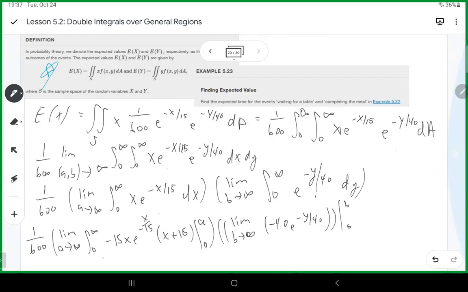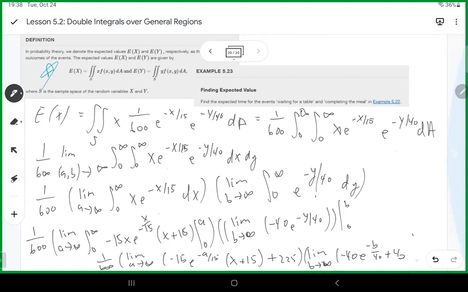Okay, so when you plug in, you get negative 15 e to the negative a over 15 x plus 15 plus 225, and the limit as b approaches infinity, negative 40 e to the negative b over 40 plus 40, no, 40, not 400.